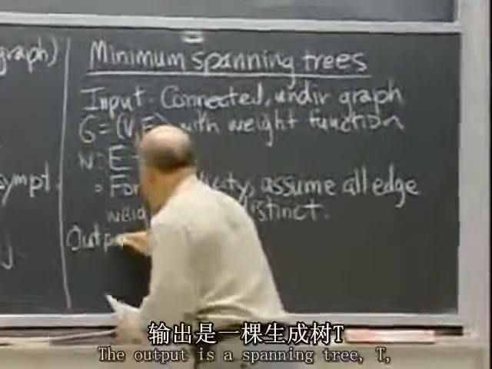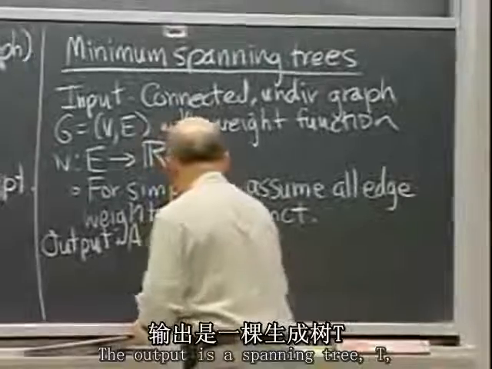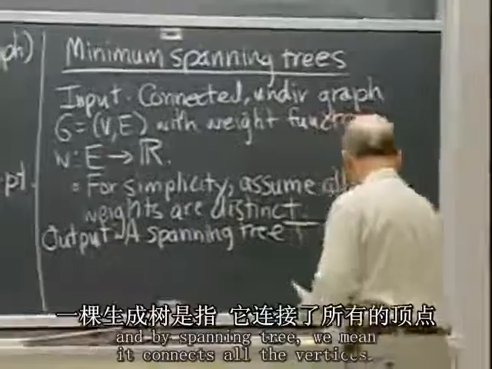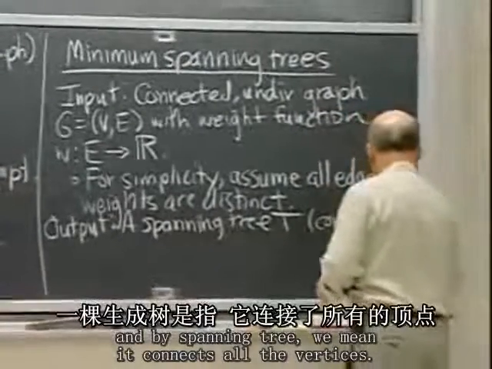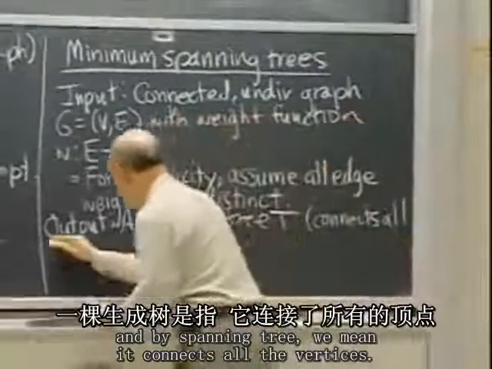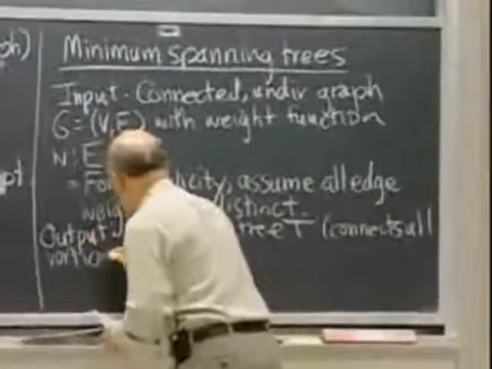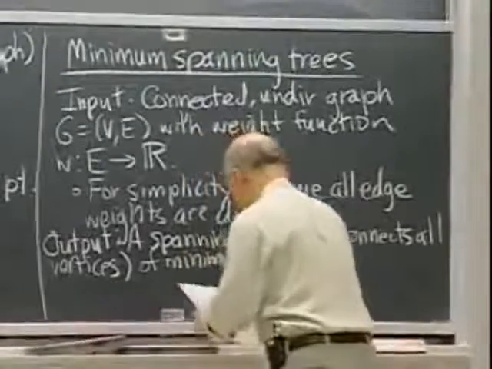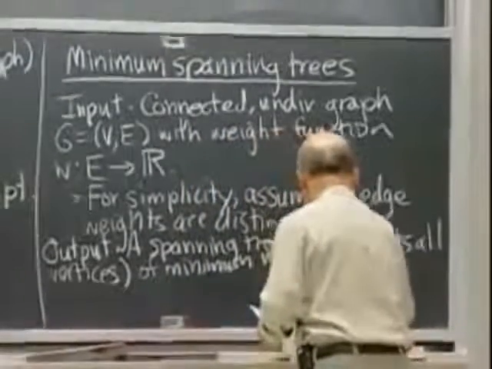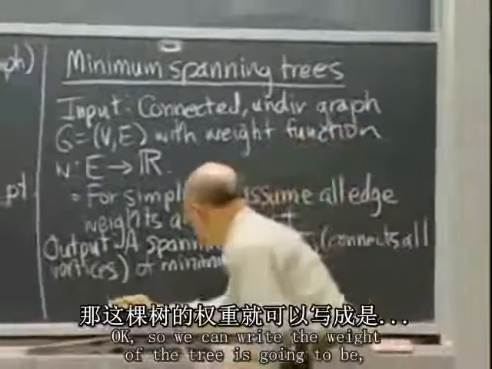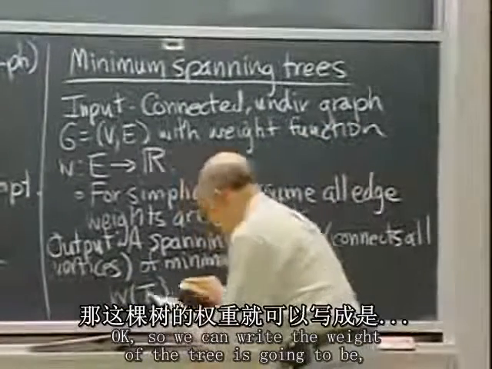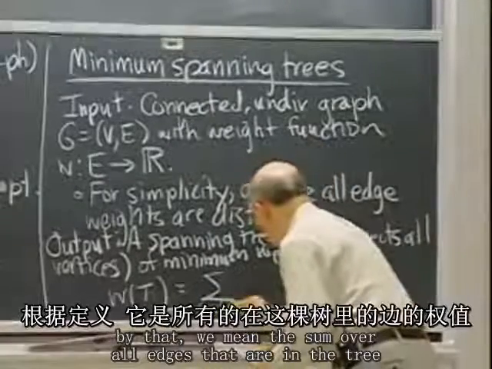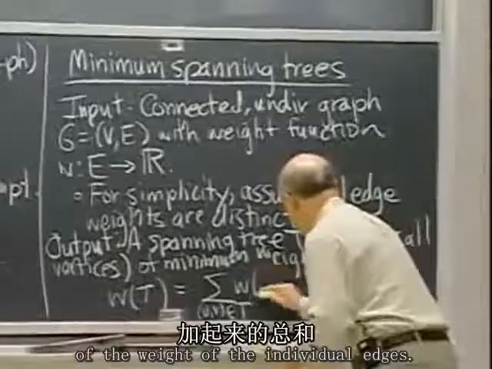The output is a spanning tree T, and by spanning tree we mean it connects all the vertices, and it's got to have minimum weight. We can write the weight of the tree as the sum over all edges that are in the tree of the weight of the individual edges.